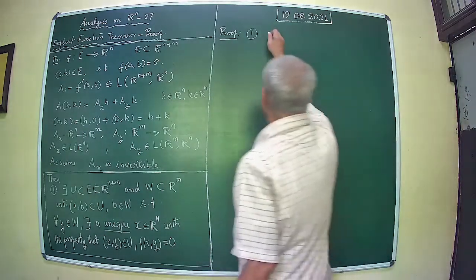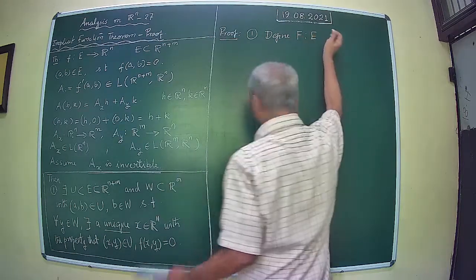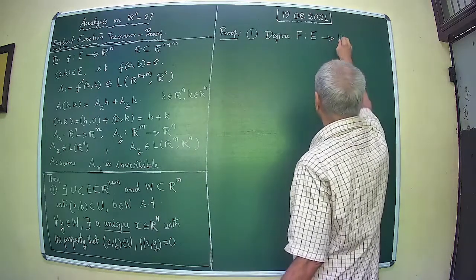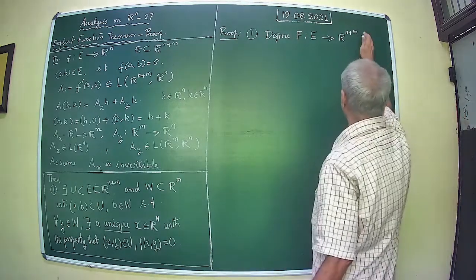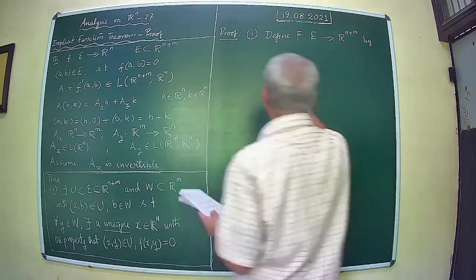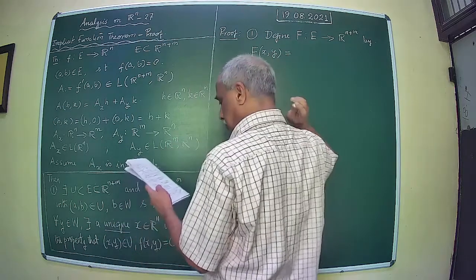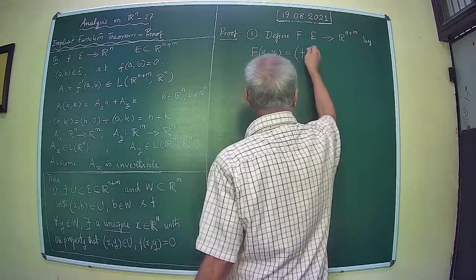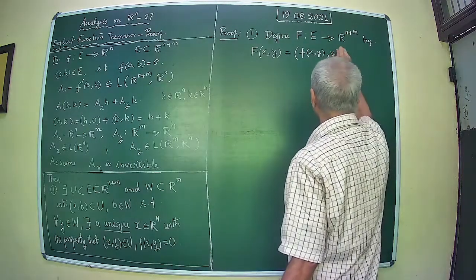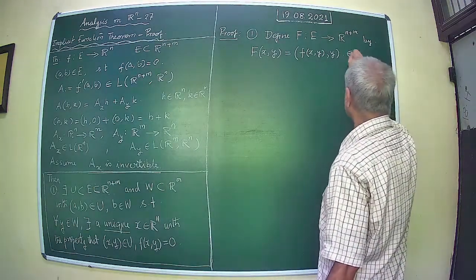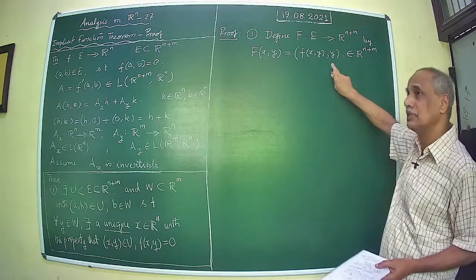So define F from E to R^(n+m) by F(x,y) equal to, we bring in the given function here, (x, f(x,y)), so that this is a part of R^n and then f(x,y) is in R^m.